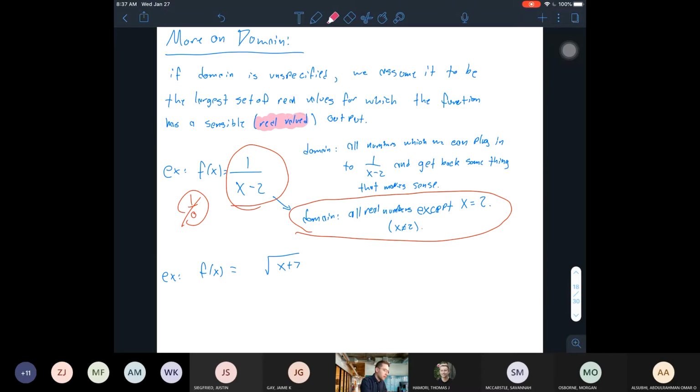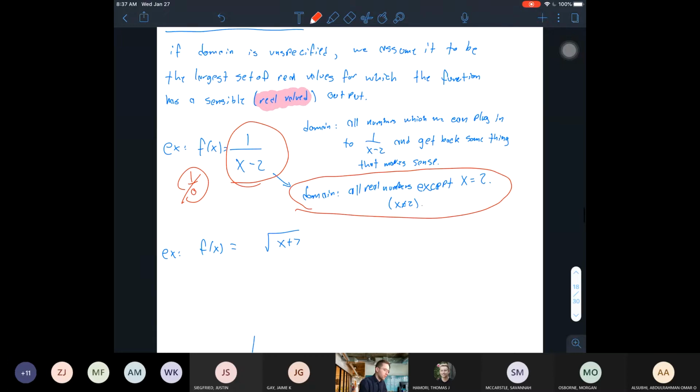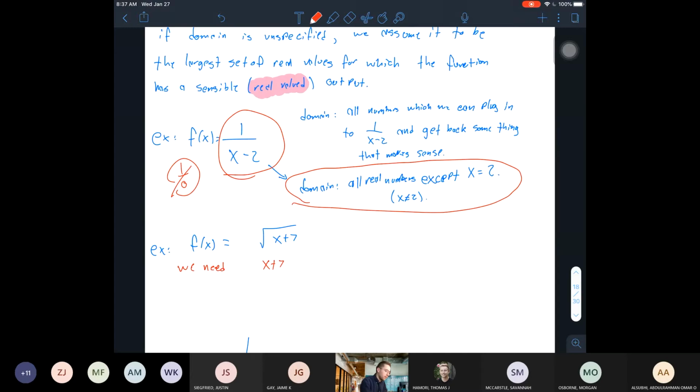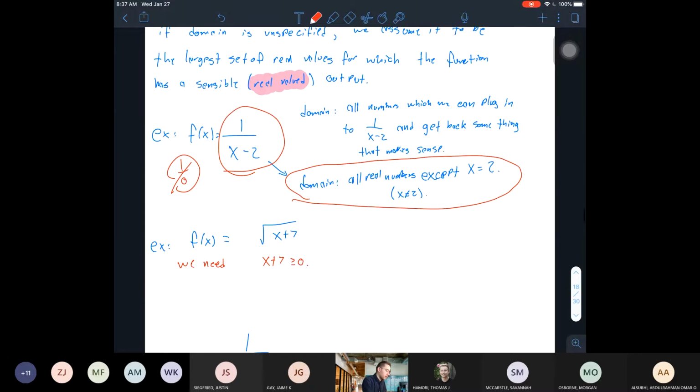We could do a square root of a negative number, but we would get an imaginary number as an output, and we want a real number as an output. So in this case, we need x plus 7, the number which is under our square root, to be greater than or equal to 0. Okay, that's what we're going to need there.